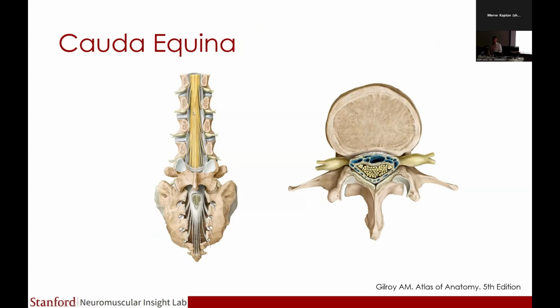And since the spinal cord stops at T12-L1, the nerve roots that come down to innervate your pelvis and lower limb, they come down as nerve roots. And there's probably a good developmental reason for this, but I'm not an expert in developmental anatomy. But this is what the structures are.